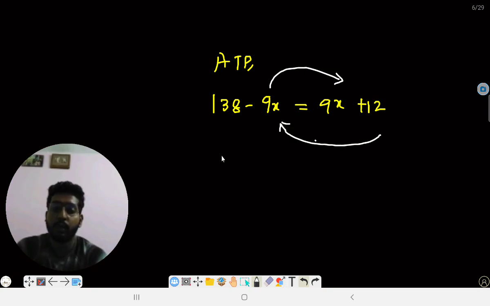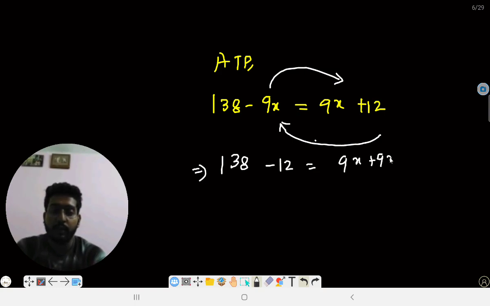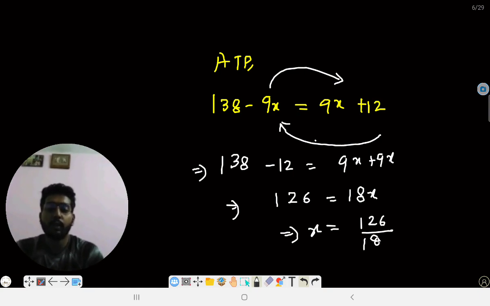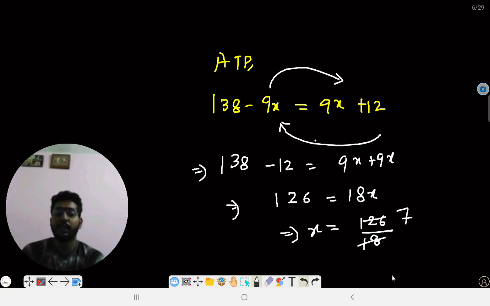So that means 138 minus 12 equals 9x plus 9x, so 126 equals 18x. So x will be 126 by 18, which is 7. So x is 7.